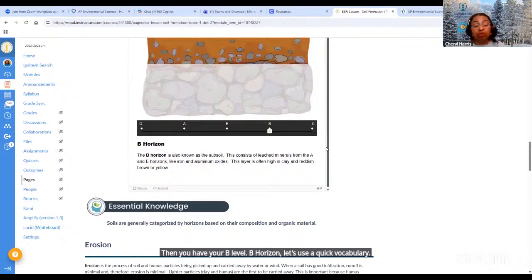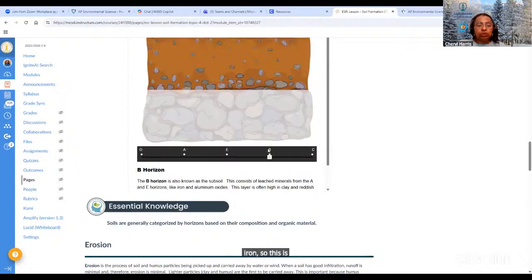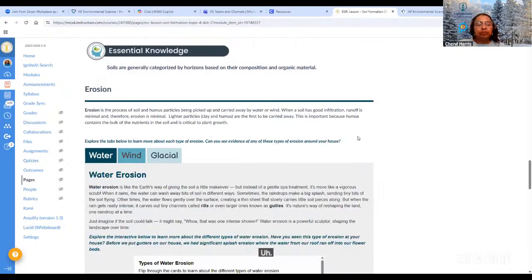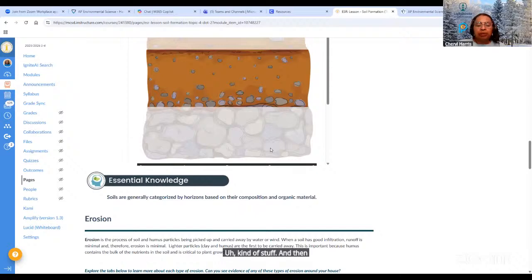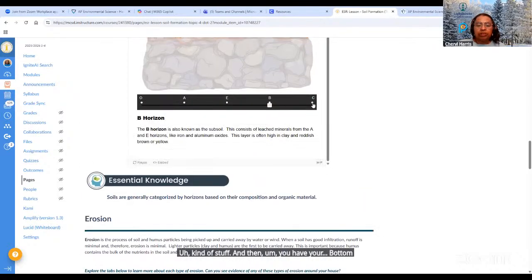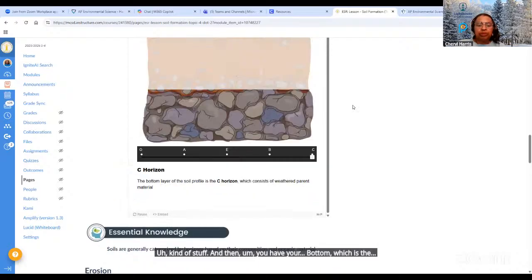Horizons, they call them horizons. And they consist of more minerals, but more iron. So most of Georgia is this red clay with iron kind of stuff. And then you have your bottom, which is the parent material or the C horizon.